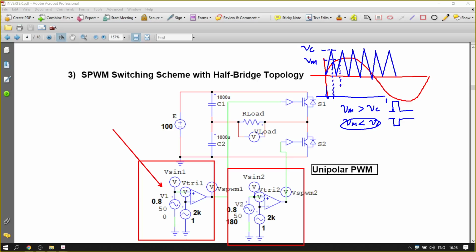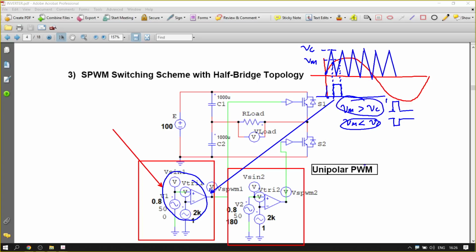Ini bila mana VM greater than VC. So you can see the pulse generated after the comparator. Selepas comparator ni, mesti ada pulse, sebab VM greater than VC. This is rule number 1. Okay, so yang seterusnya lah.